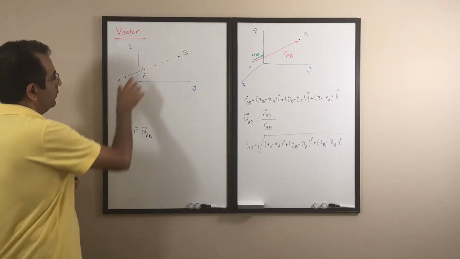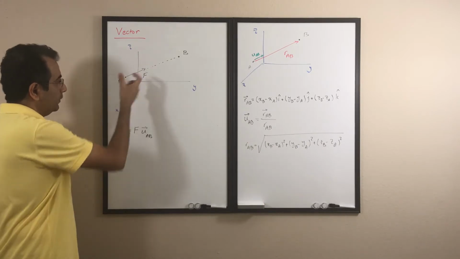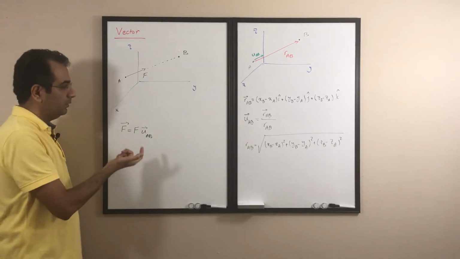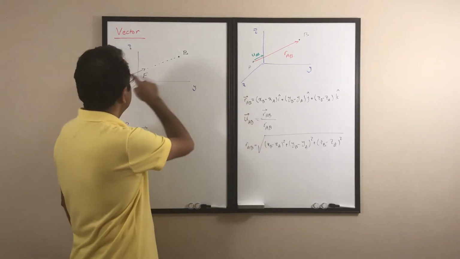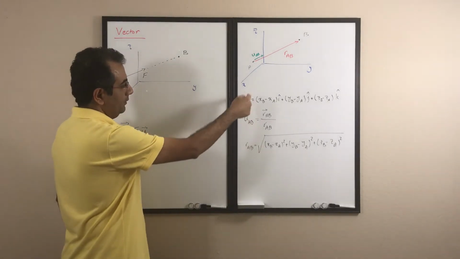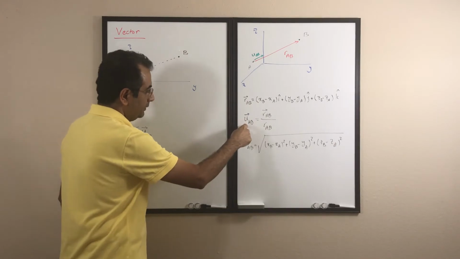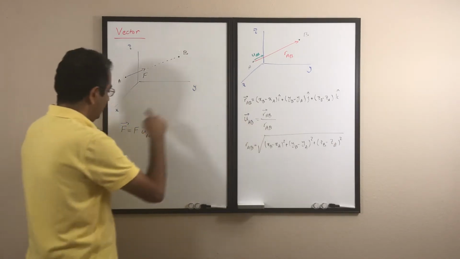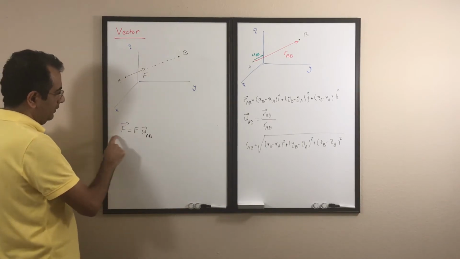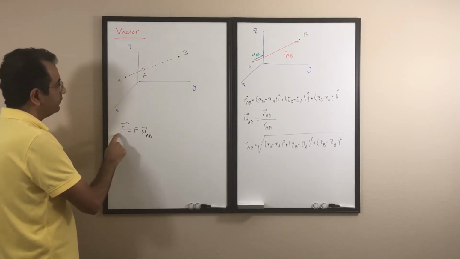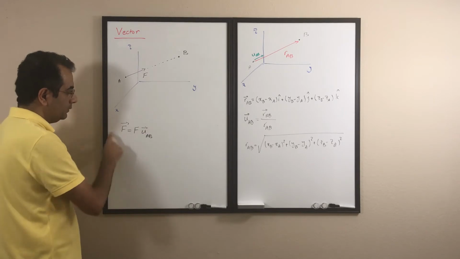So every time we want to find the force as a vector, that's how we are going to do it. We want to find the position vector between A and B. Then from the position vector, we find the unit vector from A to B. And then from the unit vector, we will find the force itself by using this equation.